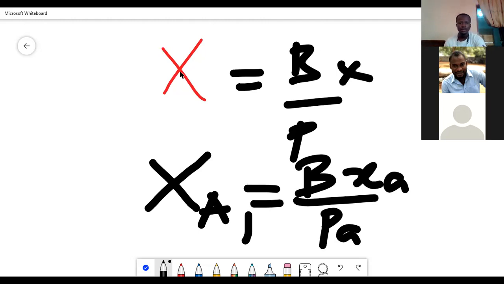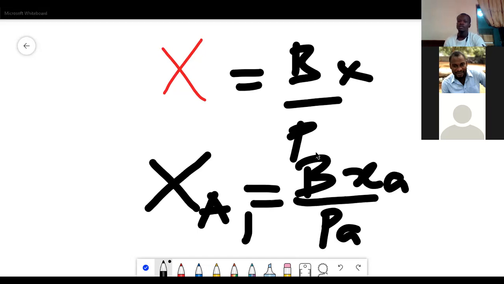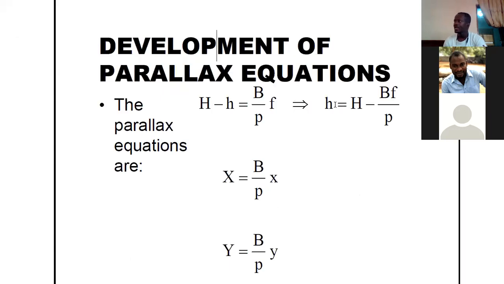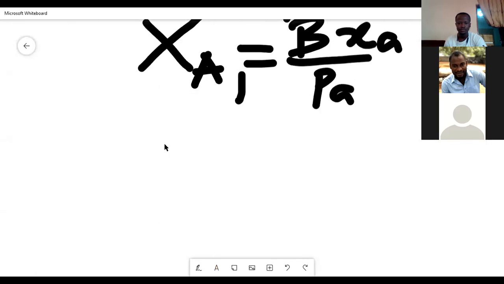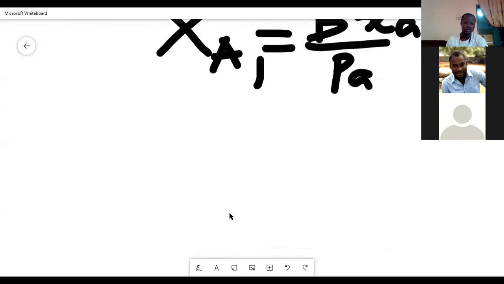Let's go back and look at this one too. So small h equals big H minus Bf over p. If you put that in your head, we go back to the board. This is what you do.